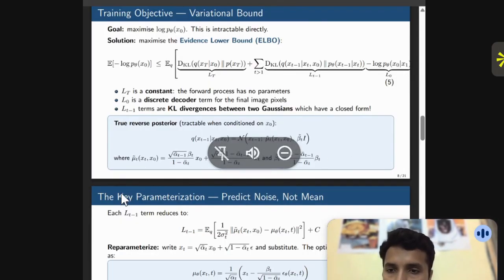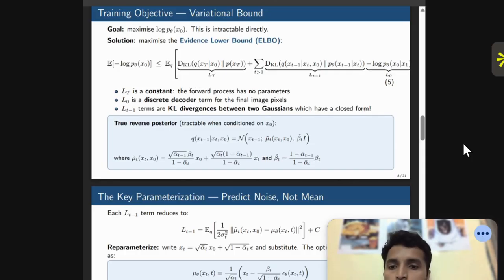Now looking at the mu t equation given here for x0, we can think of it as a weighted average of the initial image and the noisy image, which is xt. Technically we don't have x0 while trying to generate the real image from the noisy image, but we can think of a substitution.